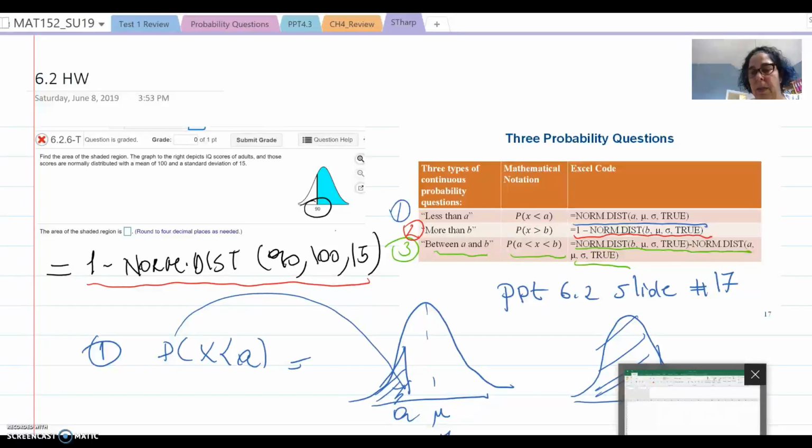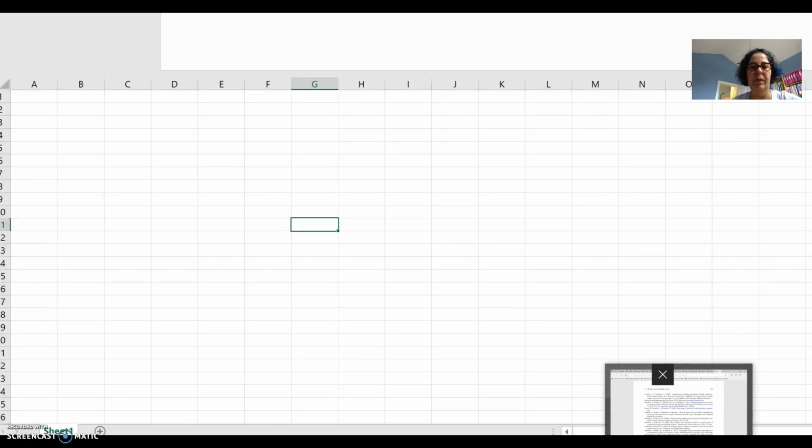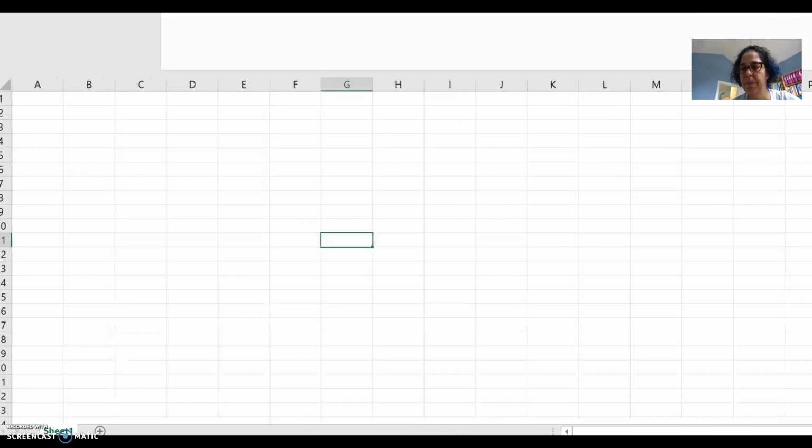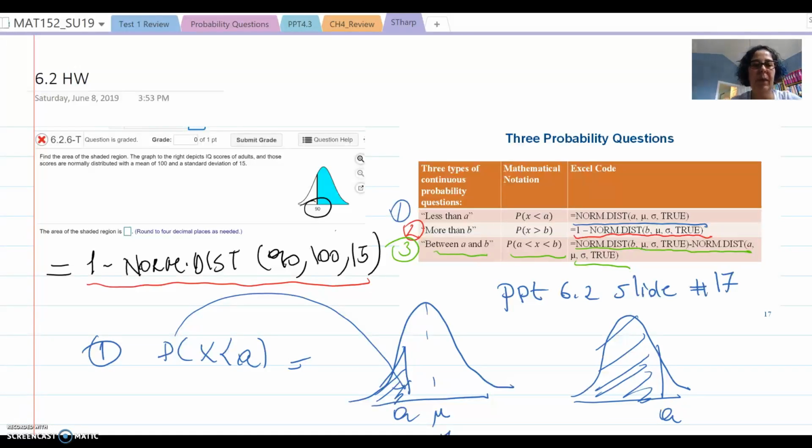Okay, so I'm going to pull out my Excel screen. Now let's try to do that. I'm hoping that you're seeing my Excel screen now. So 1 minus norm dot dist is 90, 100, 15.